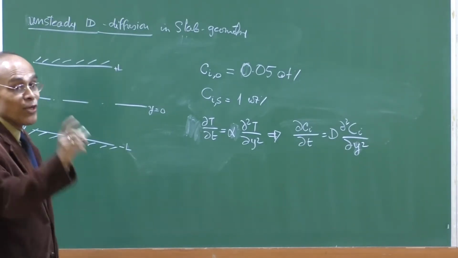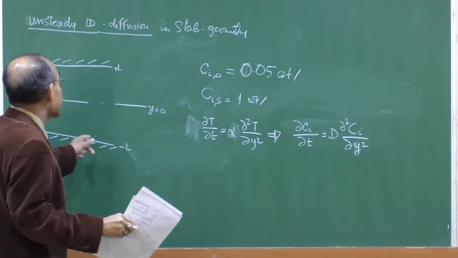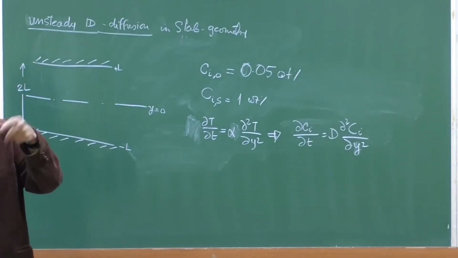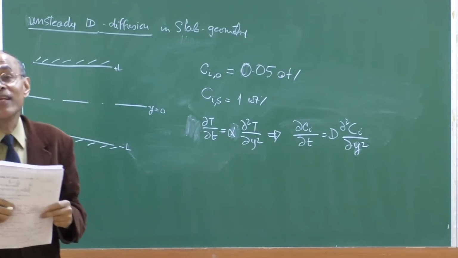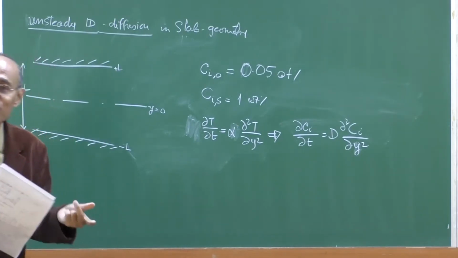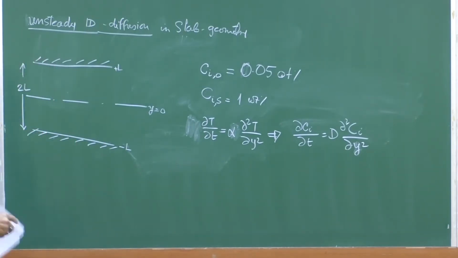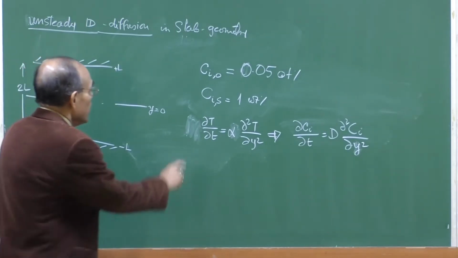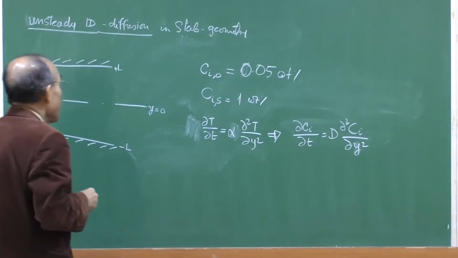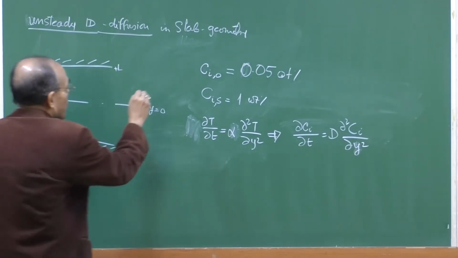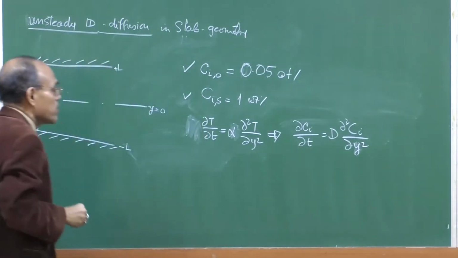Okay? And we remember also that for an unsteady state in slab geometry, the solution will always come out to be in the form of an infinite series. For a semi-infinite geometry, it is in the form of an error function. The initial concentration is given to us, surface concentration is given to us.